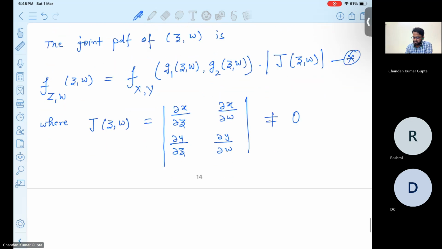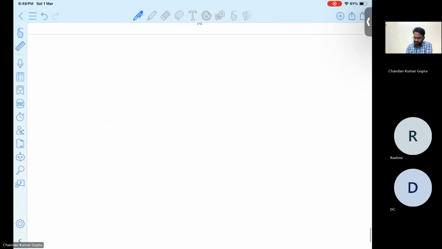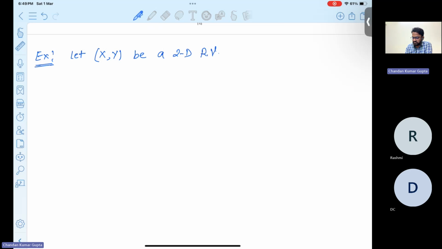Suppose x and y are two-dimensional random variables with joint PDF f x y. This is given.